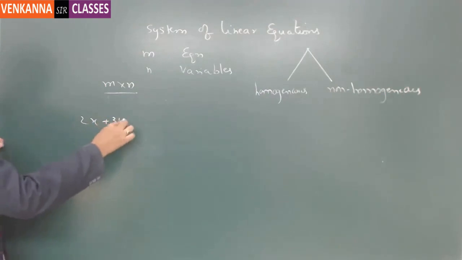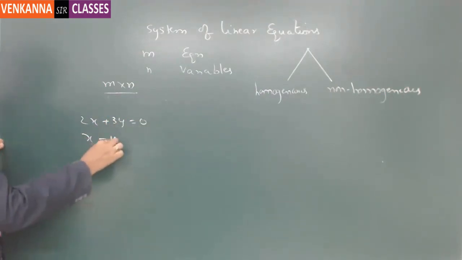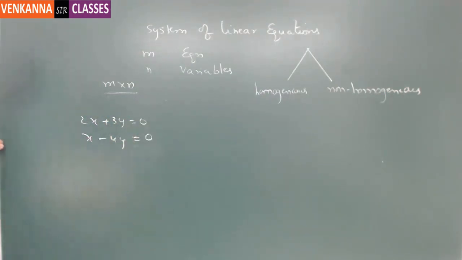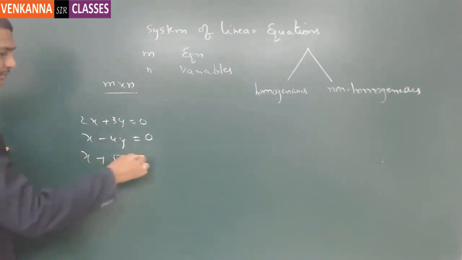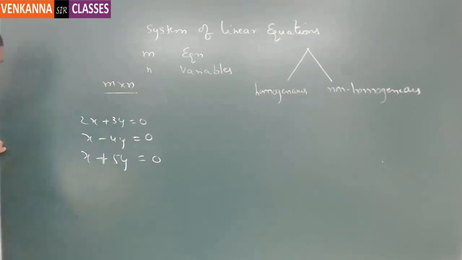Say 2x plus 3y is equal to 0 and x minus 4y is equal to 0. Here you will have a system of equations having two variables. Since the right side is 0, we call it a homogeneous system.